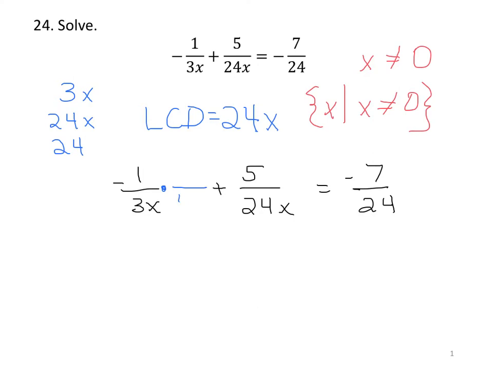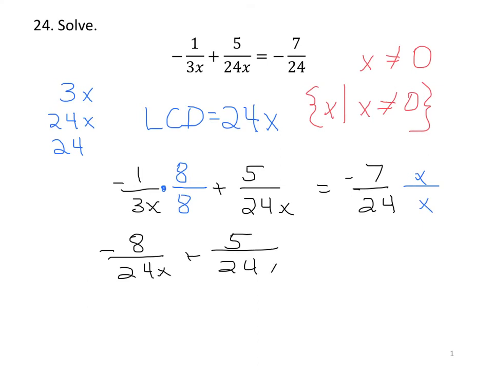And so if we multiply 3x by 8, we'll get 24x. So we need to multiply that fraction by 8 over 8. And on the other side, we already have 24, so to get 24x, we have to multiply by x over x. And like I said earlier, we don't have to do anything to this fraction because our denominator is already 24x. So that gives us negative 8 over 24x plus 5 over 24x equals negative 7x over 24x.